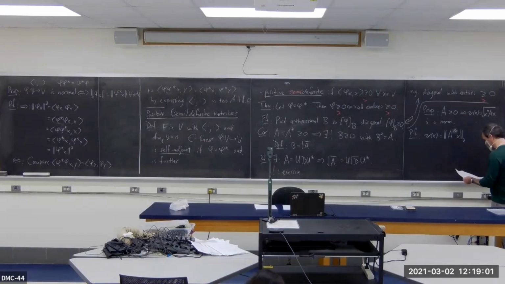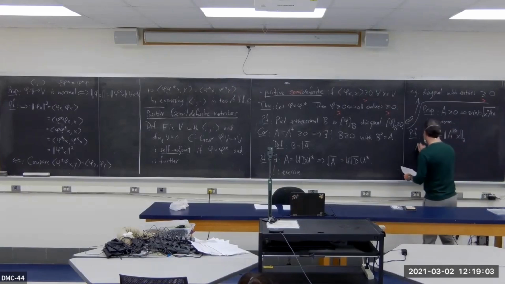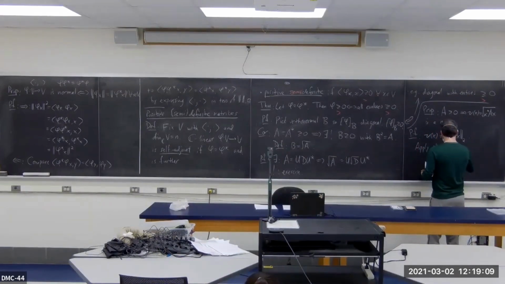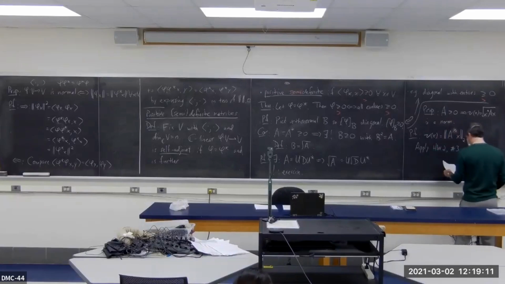Now let's apply homework 2, problem 3. What you said is that if you had a linear map between vector spaces and a norm, then you could pull back the norm.